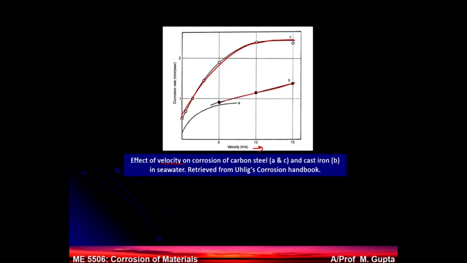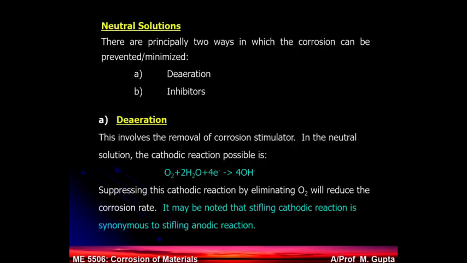So in that case, the corrosion stabilizes. But in some cases, the corrosion increases because your protective layer cannot stick to the metal surface. And when that happens, your corrosion rate follows a linear trend. And that is what is shown in case of B here for cast iron, which does not have a protective layer.